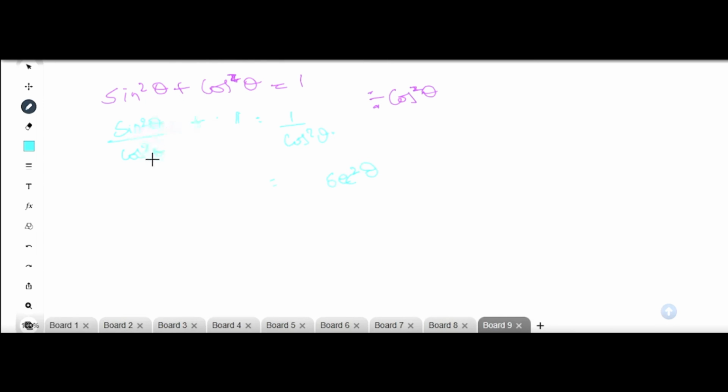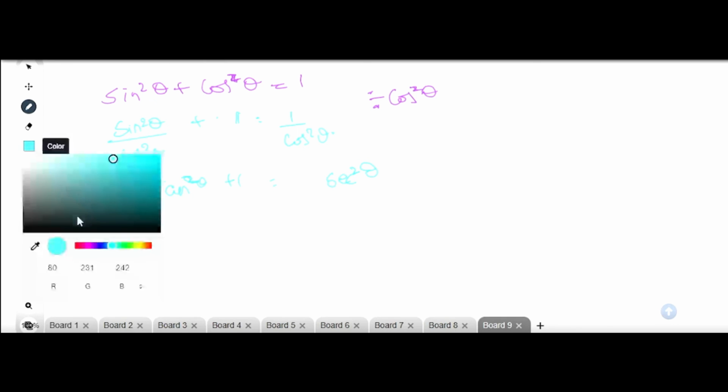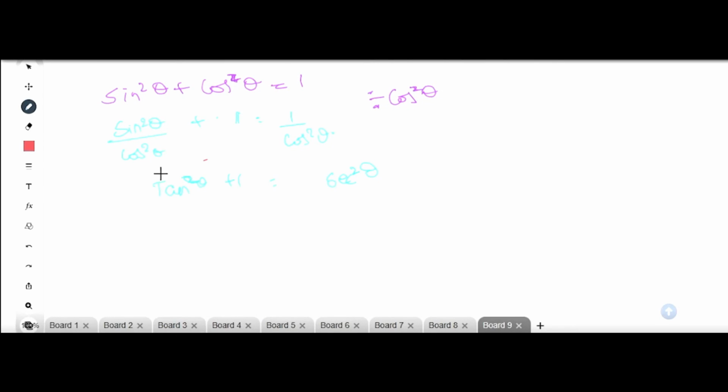Sin square theta by cos square theta is nothing but tan square theta. So this is another important equation: secant square theta equals tan square theta plus 1. Correct, Shreyansh? Yeah.